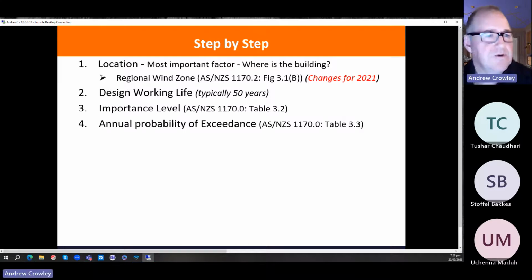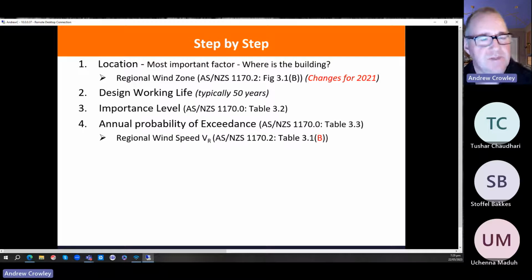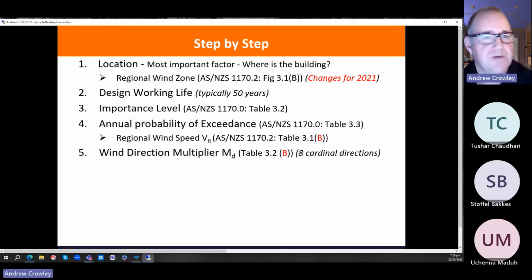For our buildings, we're normally looking at an importance level of 2 for ordinary buildings. And from that, we derive our annual probability of exceedance for the loads. From that, you can get your regional wind speed, VR, and your wind direction multiplier, MD, which applies in 8 cardinal directions.